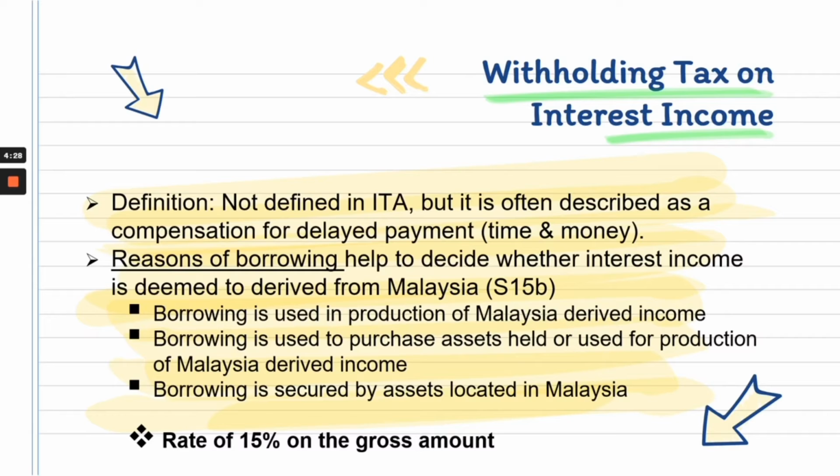The reason for borrowing is the deciding factor to establish interest income deemed derived from Malaysia. The borrowing must be used in production of Malaysia-derived income, borrowing is used to purchase assets held or used for the production of Malaysian-derived income, and borrowing is secured by assets located in Malaysia. And for interest income, the rate applicable would be 15% on the gross amount.